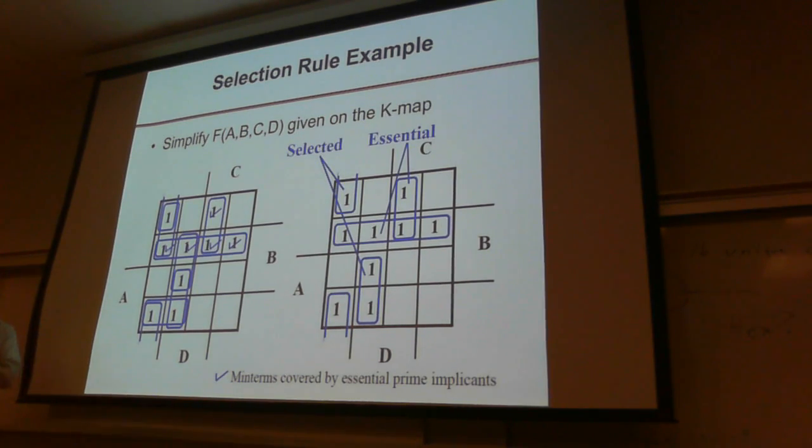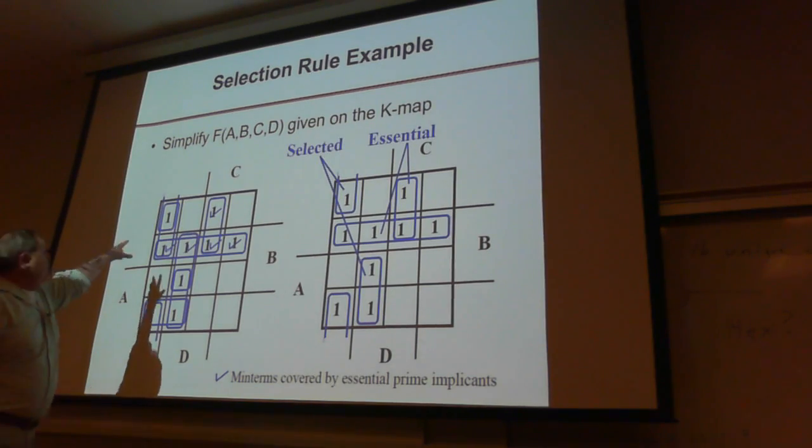The thing I'm concerned about coming out of this optimization is that I cover not only the prime implicants, but the essential prime implicants, and I'm going to start with those. But then I need to also select some additional prime implicants in order for me to capture all of the ones.